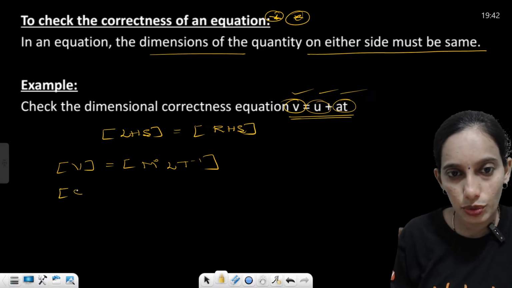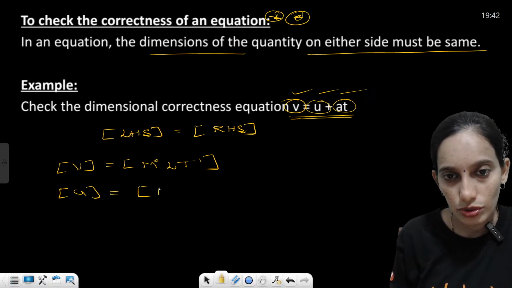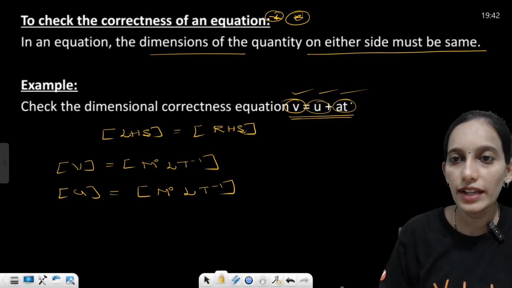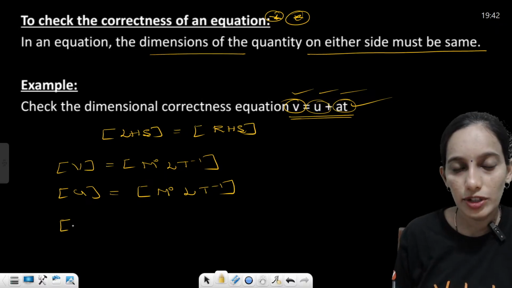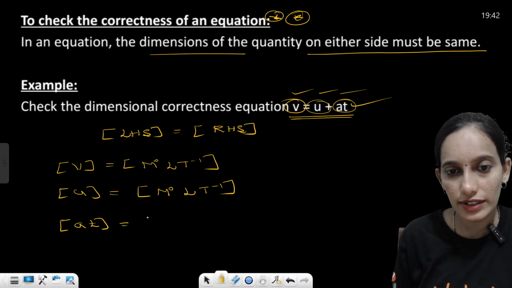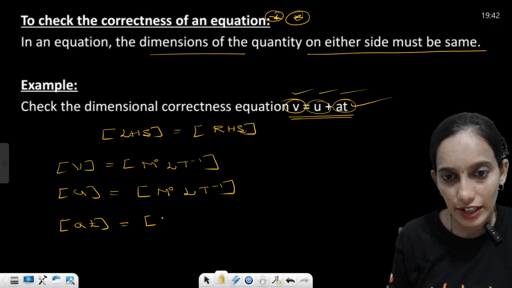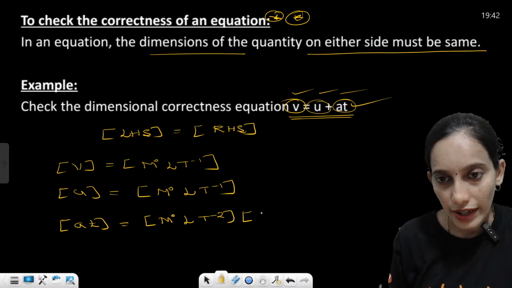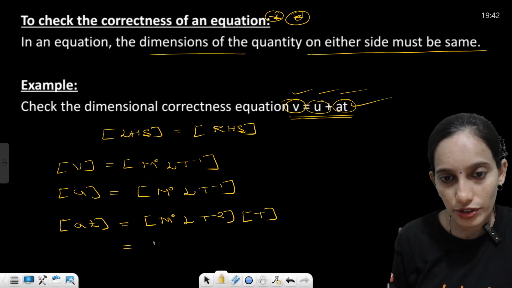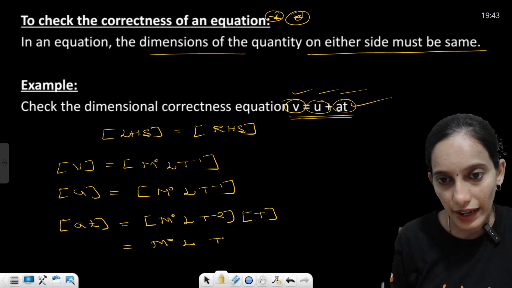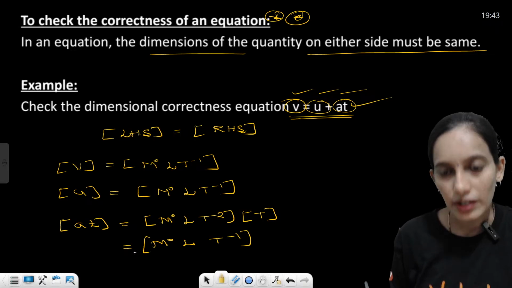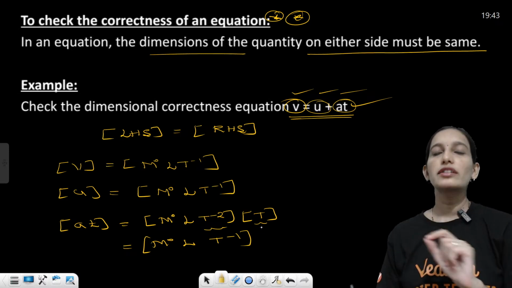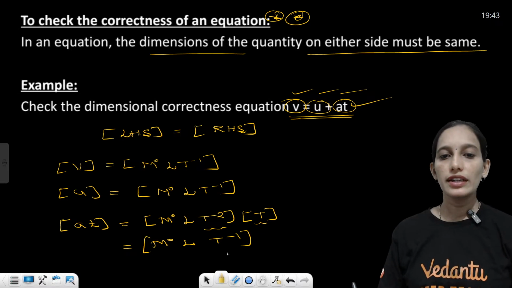Then we have u, which is again the initial velocity, so again M^0 L T^-1. Then we have at, the dimension of a times t, that is acceleration times time. Acceleration is M^0 L T^-2, times T, which gives M^0 L T^-1, because T^-2 times T^1, that is T^(-2+1), gives T^-1.